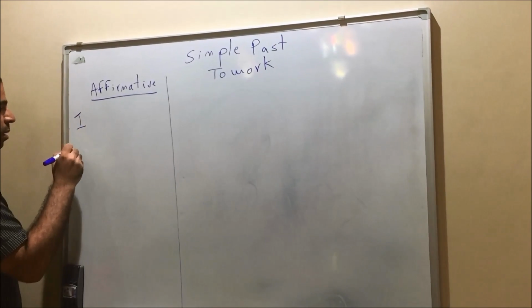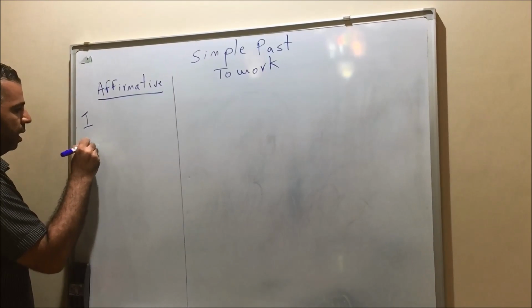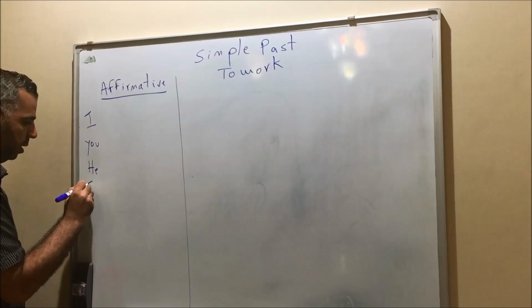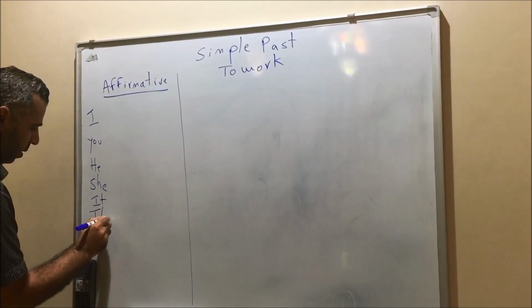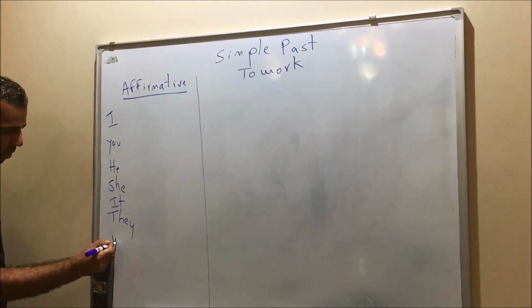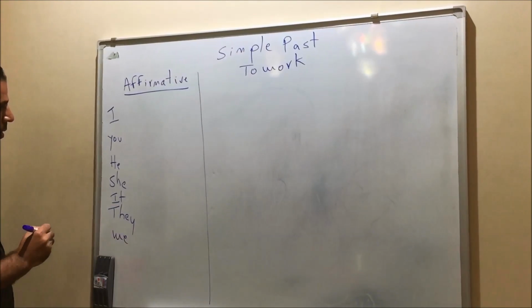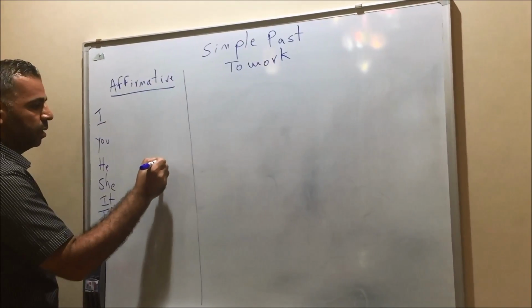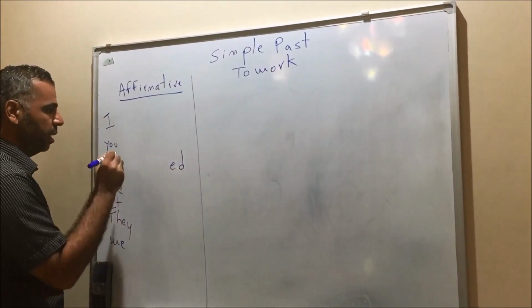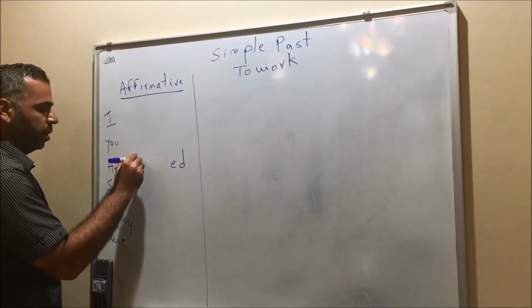Start writing the personal pronouns: I, you, he, she, it, they, we. Let's start. To work in the past, the rule is just adding ed with all the personal pronouns.